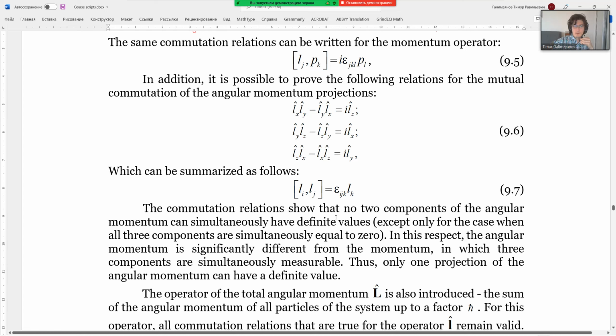The last basic commutator is this relationship: if you commute different projections of the angular momentum on different axes, it will give you the projection on the third axis. So the commutator [Lx, Ly] equals i Lz.